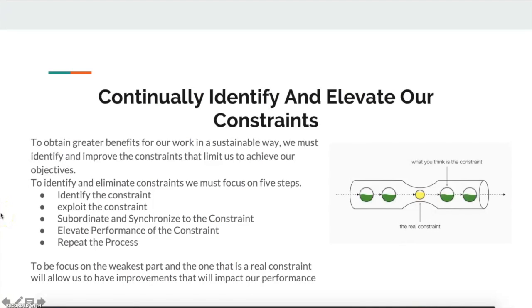Continually identify and elevate our constraints. To obtain a great benefit for our work in a sustainable way, we must identify and improve the constraints that limit us from achieving our objective. This limiting factor, or the slowest step, is called a constraint or bottleneck. In any kind of process, the speed of progress depends on the slowest step.